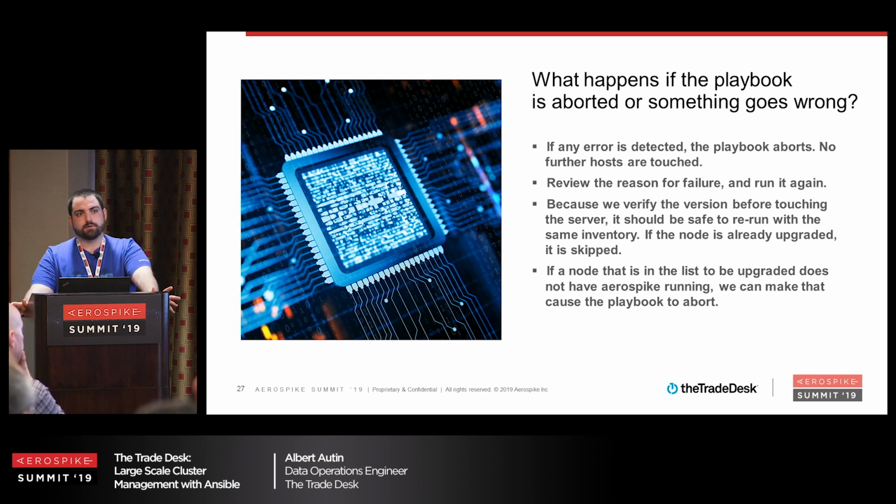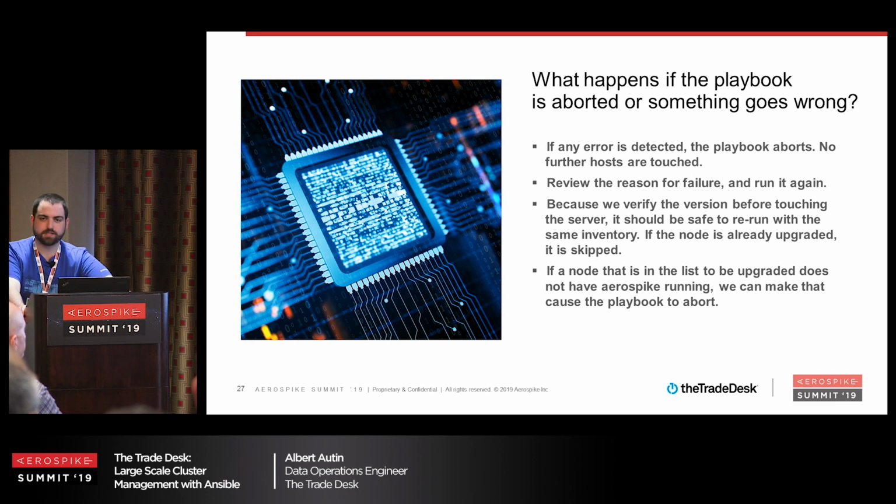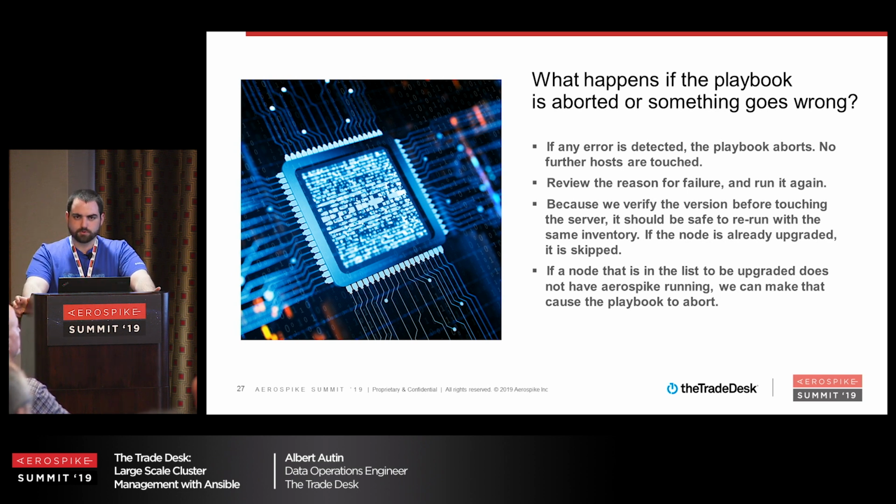So now the question on everyone's mind should be, what happens if something goes wrong? Because you're giving the reins of your maintenance to a script or a program or a module, and that can be pretty scary if Aerospike is integrated into your critical business components. Ansible has its own error handling and exception handling, and you can control a lot of that for its various modules.